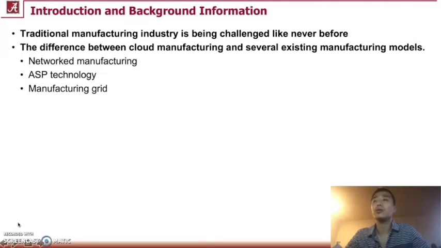Cloud manufacturing innovatively proposes a many-to-many service model, which brings together a large number of distributed resources for on-site management and serves multiple customers, ensuring the quality of the service and improving the efficiency of the service, saving the cost and lowering the price.